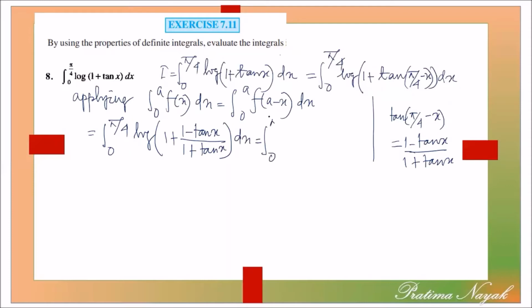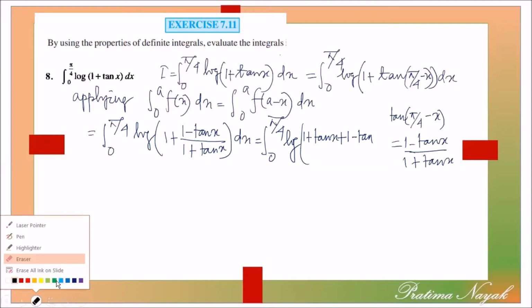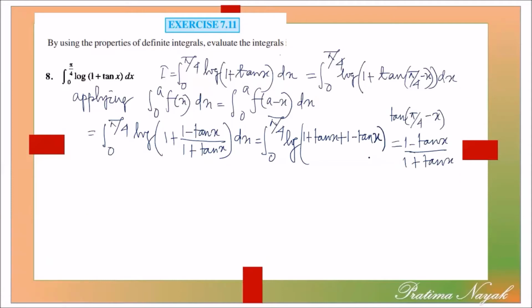Integral 0 to pi by 4 log of 1 plus tan x plus 1 minus tan x upon 1 plus tan x.